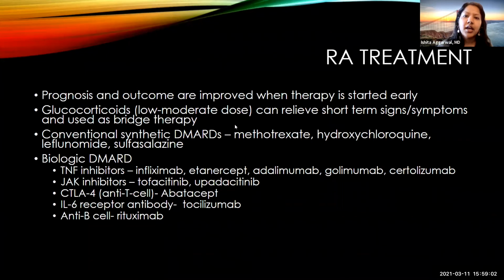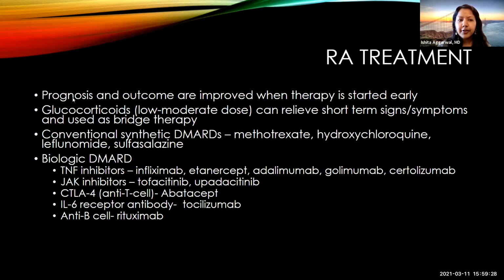Steroids can relieve short-term symptoms and signs, and we may often use them initially as we are starting patients on the chronic long-term treatments. And conventional DMARDs are methotrexate, hydroxychloroquine, leflunomide, and sulfasalazine, all of which are pills. Methotrexate can also be a subcutaneous injection.